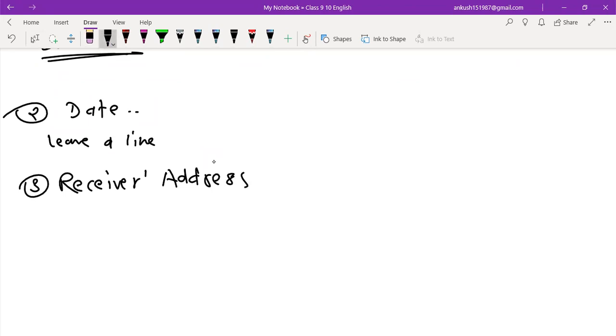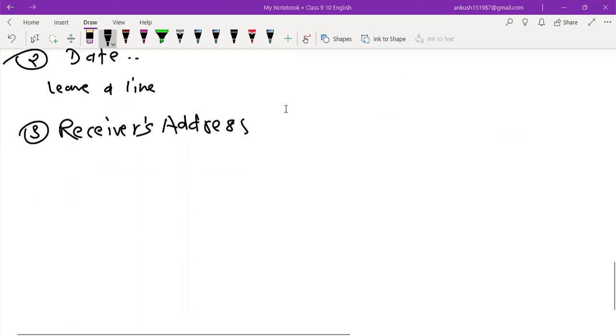Sir, I have a doubt. Yes. For a formal letter, it will be the subject, right? Yes. After the receiver's address is the subject. Nehal asked the question. Every formal letter requires a subject, because in which regard or for what are you writing the letter, that should be mentioned in the subject.